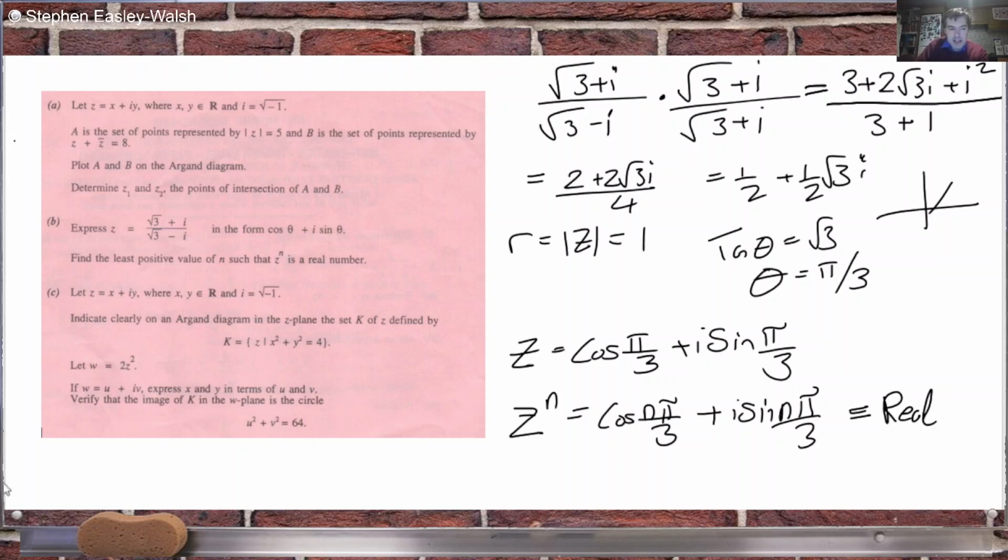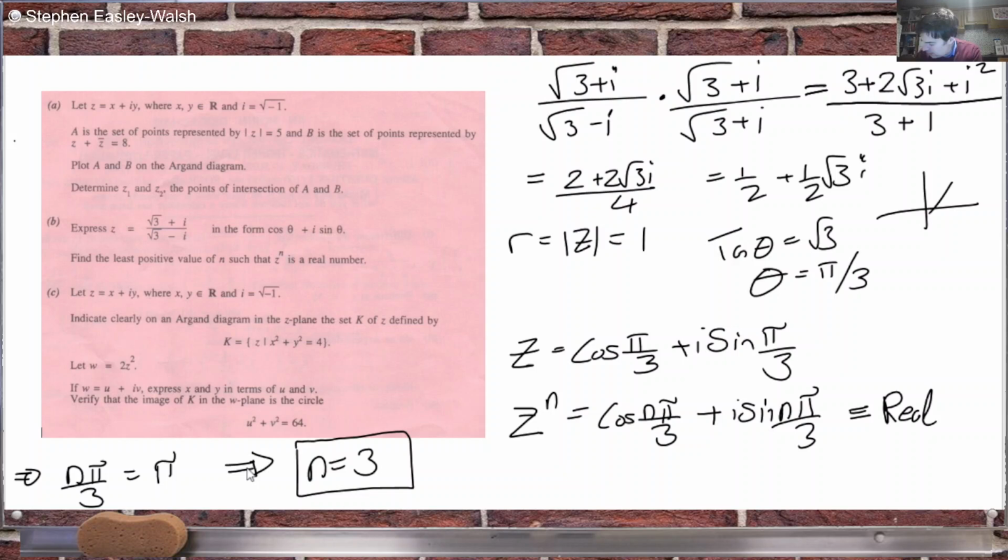So that means the n pi over 3 has to be an angle where sine of it is 0. Well, I assume we can't use 0 for n, because that'd be too trivial. It has to be positive. So the next time sine is 0 is at pi. So then that would mean n would have to be 3, looks like. So I think that's the least value.